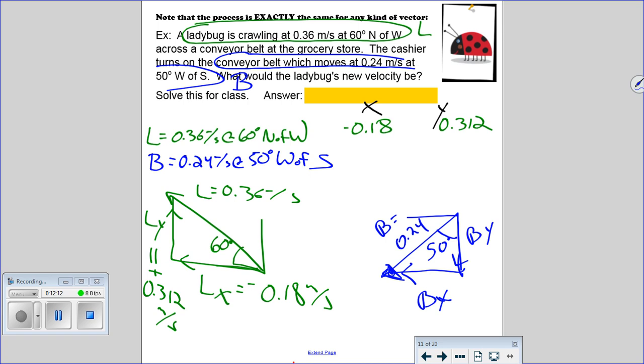This one's negative 0.184, and the other one is 0.154. Doing that from memory. This one should be negative. Is everybody okay with that? Problems, questions, concerns, anything? Okay. And everybody's good with why I've got the signs the way I do?